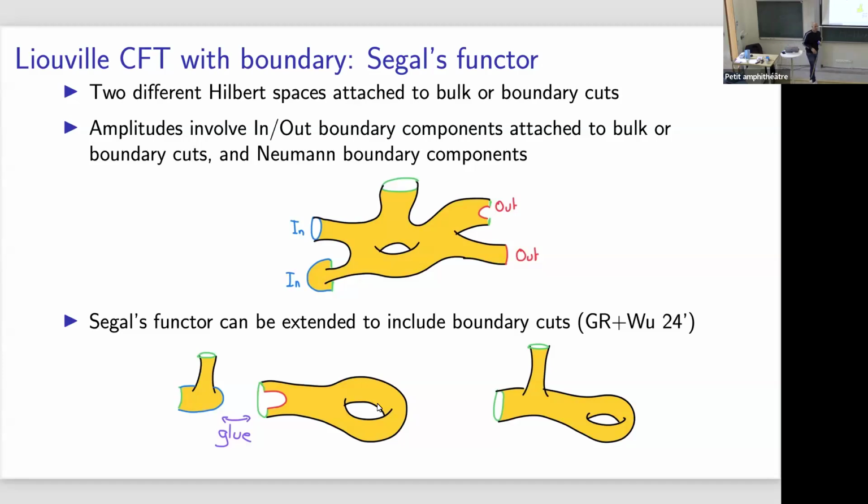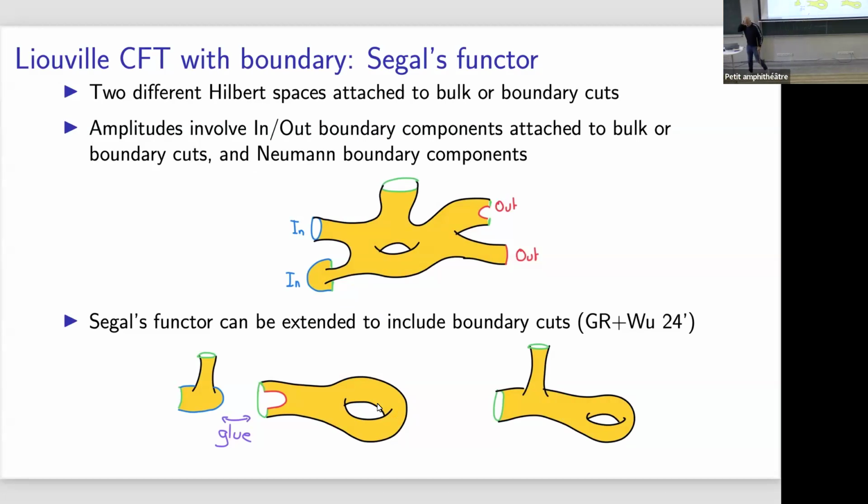Yes. What's the Hilbert space like? Good question, yes. I forgot to mention: there are two different Hilbert spaces. There is one Hilbert space that will attach to each bulk cut, and one different Hilbert space that will attach to these boundary to boundary cuts.